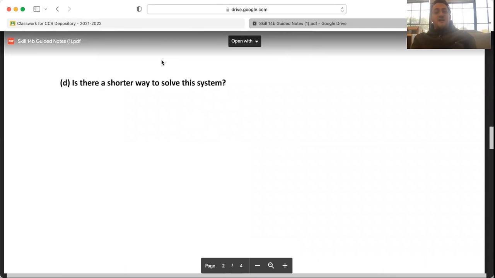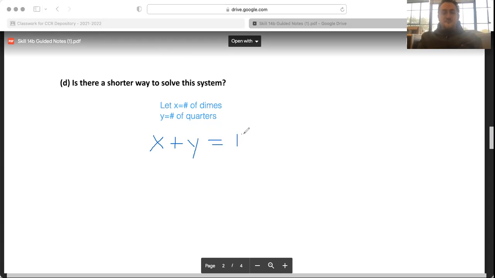You could actually create equations. Maybe we let X be the number of dimes and let Y be the number of quarters. I know that I have 17 coins, so I'm going to have X plus Y equals 17.